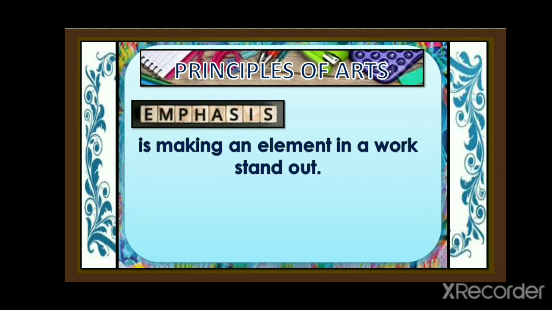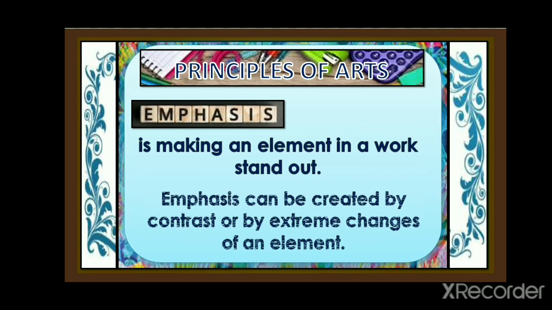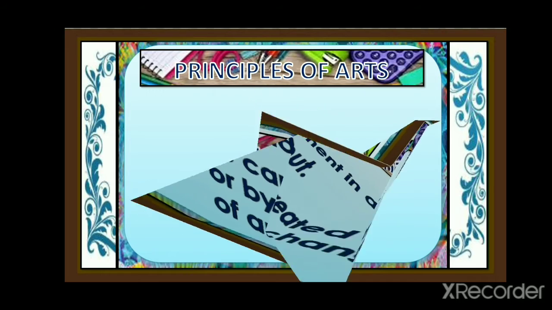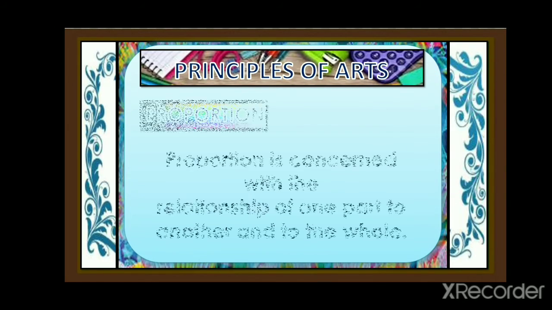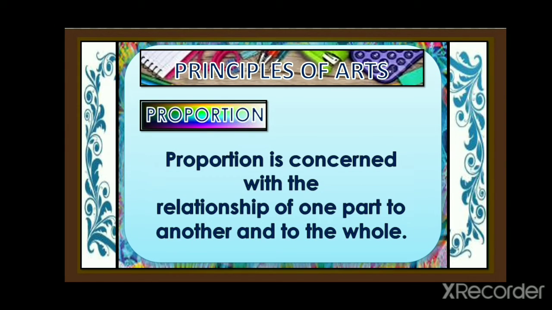Next is emphasis. Emphasis makes an element in a work stand out by contrast or by extreme changes to an element. Proportion is concerned with the relationship of one part to another and to the whole.